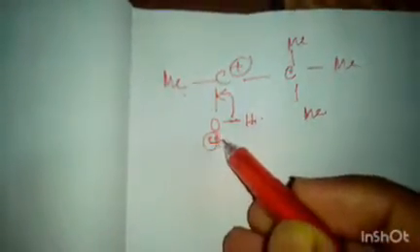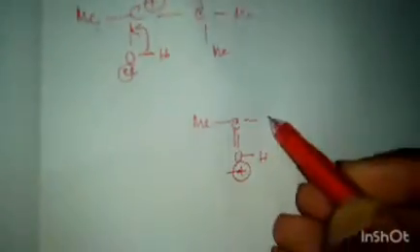So it will be methyl, here a double bond will be formed, and here a plus will be formed on oxygen, because the lone pairs are used as bonding electrons, and the rest is the same as earlier.